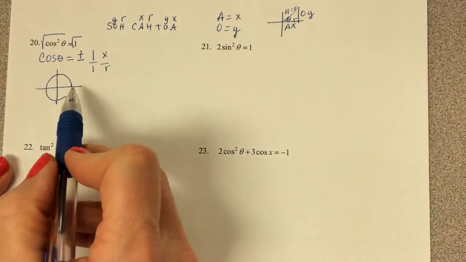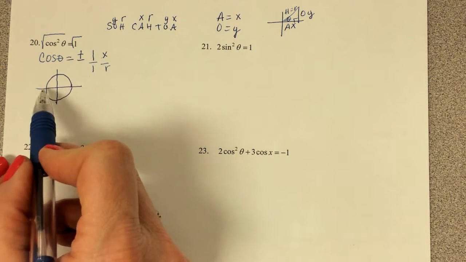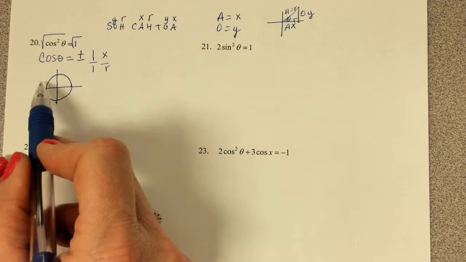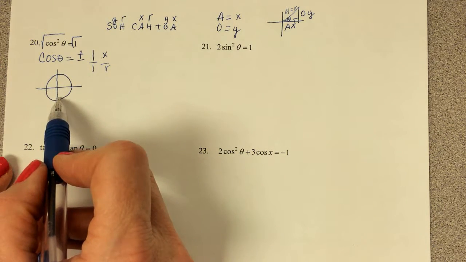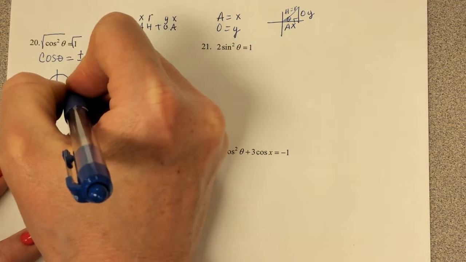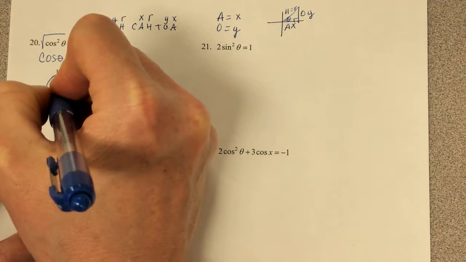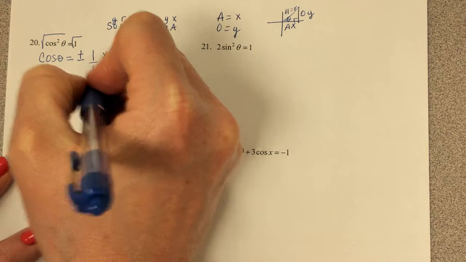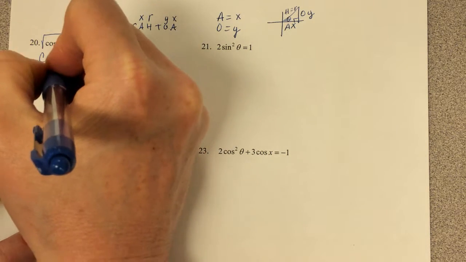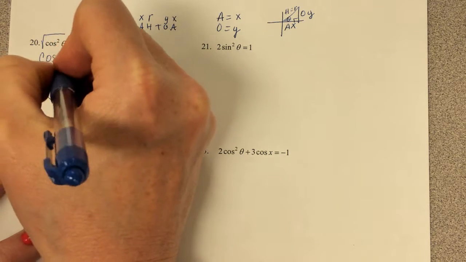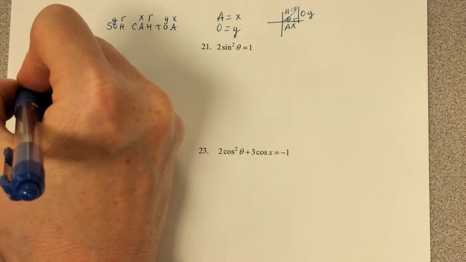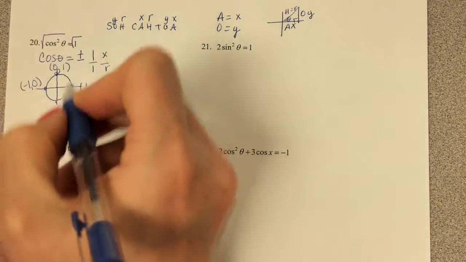It has to be one of these, like 0, 90, 180, 270, also known as 0, pi over 2, pi, 3 pi over 2. So right here, I'm going to think of the points. This point is over 1 in the x direction, up and down 0. This point is over 0 in the x direction, up 1. This point is over negative 1 and up and down 0.